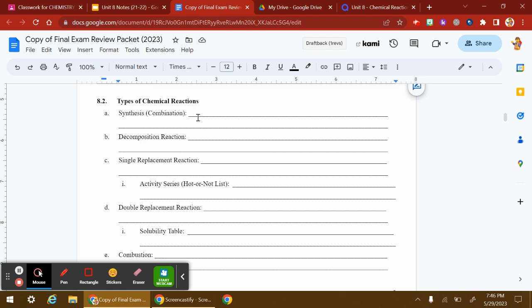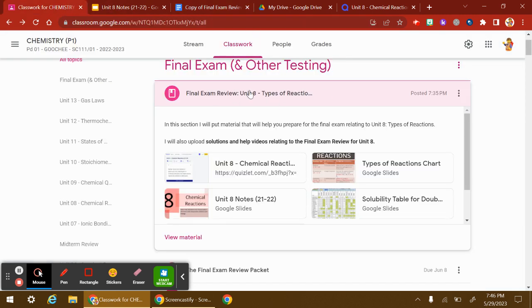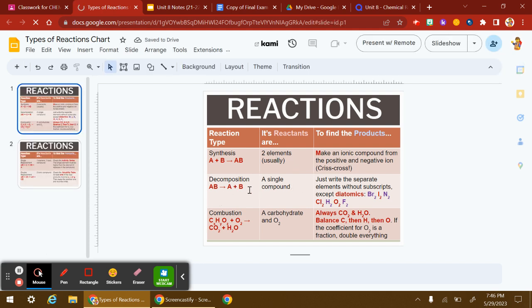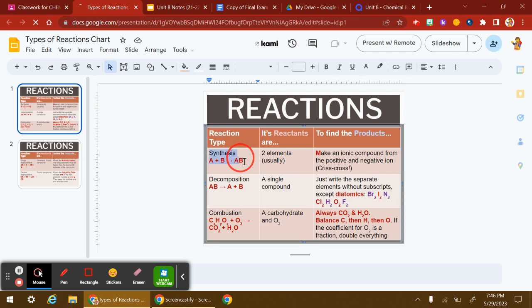So you have to be able to identify chemical reactions just by looking at them and looking for some key points. All right. What I would recommend you do is on this new final exam review, Unit 8, I have a link to this chart right here that just lays out the types of reactions and how you can identify them. For example, synthesis reaction, you can tell it's synthesis, and I'll blow this up a little bit.